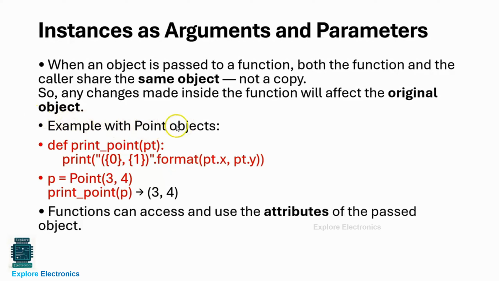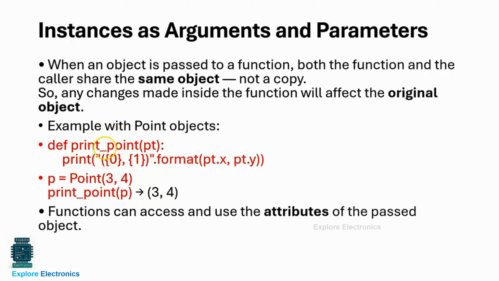Example with the point object: define print_point(pt): print('({0}, {1})'.format(pt.x, pt.y)). p = Point(3, 4); print_point(p). When you pass an instance like p to a function like print_point, the function receives a reference to the same object, not a copy.